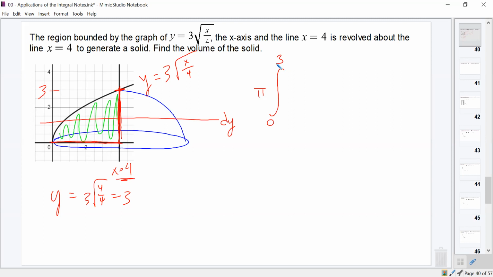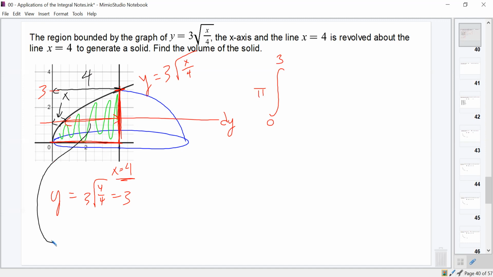And so our radius of any of these slices extends from the function over to the line x equals 4. So we'll need to make a note that this little piece here, from the y-axis to the function, is x. And then we know that from the y-axis to the line x equals 4 is 4.